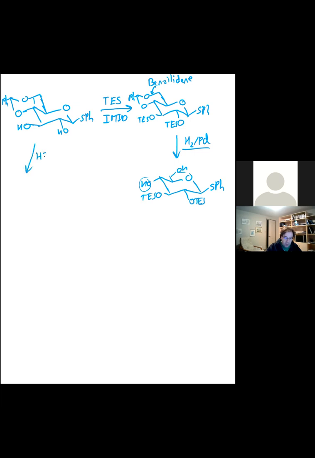If you use H plus in the presence of sodium cyanoborohydride, you haven't seen sodium cyanoborohydride in a while. It's a very, very gentle reducing agent. It's kind of like sodium borohydride on soporifics. It doesn't reduce much of anything. It's really good for reducing imines. But it will reduce benzylidines.